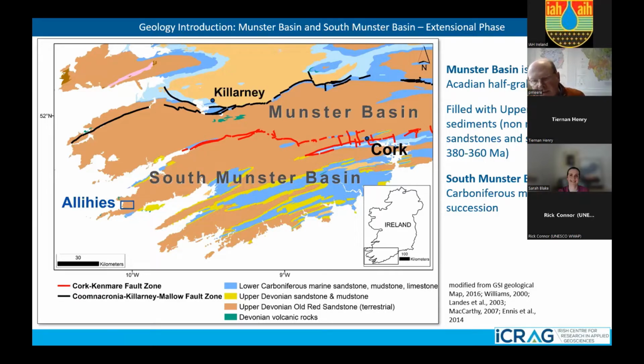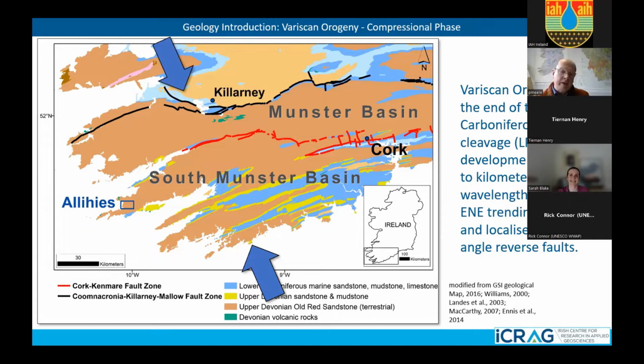We're into the Carboniferous at this stage, with widespread marine transgression, and we see an accumulation of quite a thick marine siliciclastic sequence. To the north of that red boundary structure, we have a fairly stable carbonate platform, which continues up to pretty much the end of the Carboniferous.